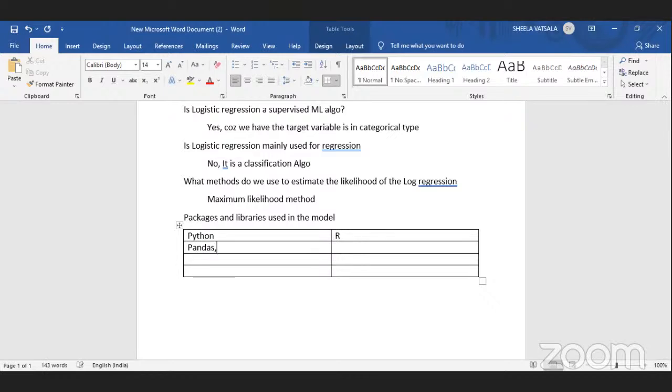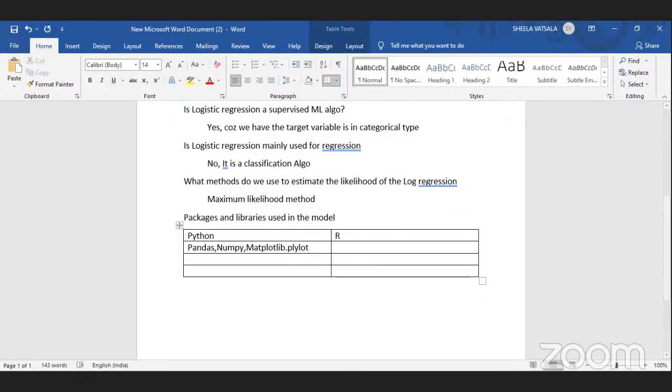Pandas is nothing but panel data. First we'll go in order: we will use pandas, NumPy, and matplotlib, pyplot, right?